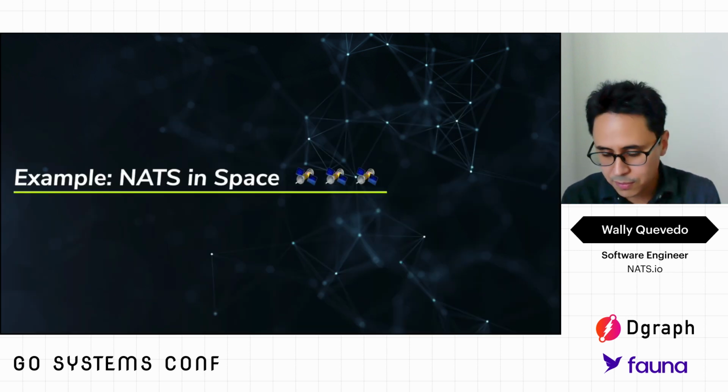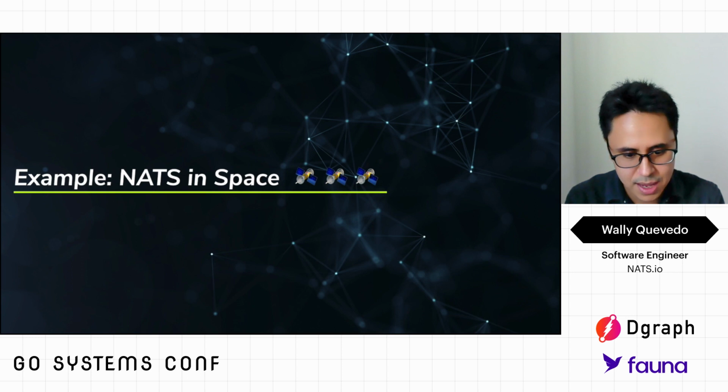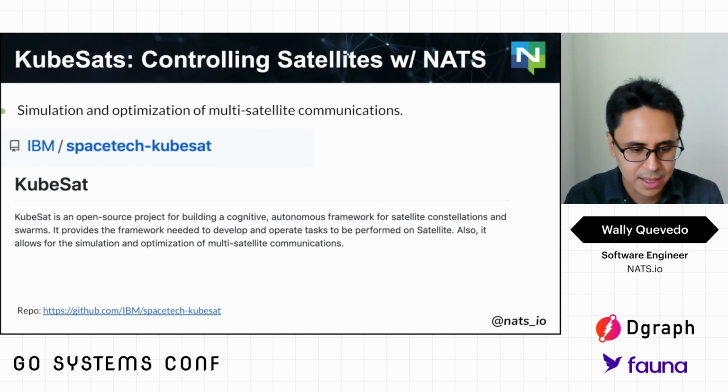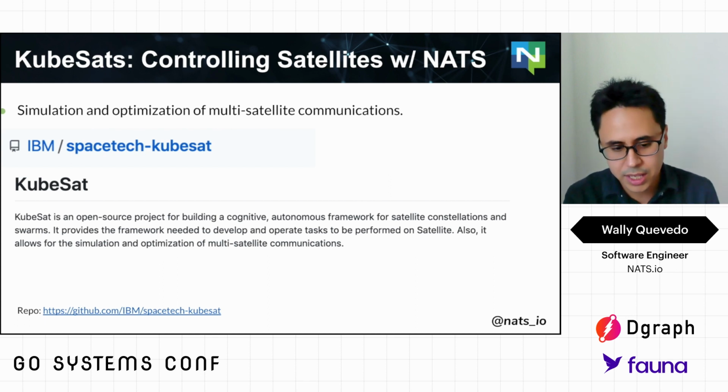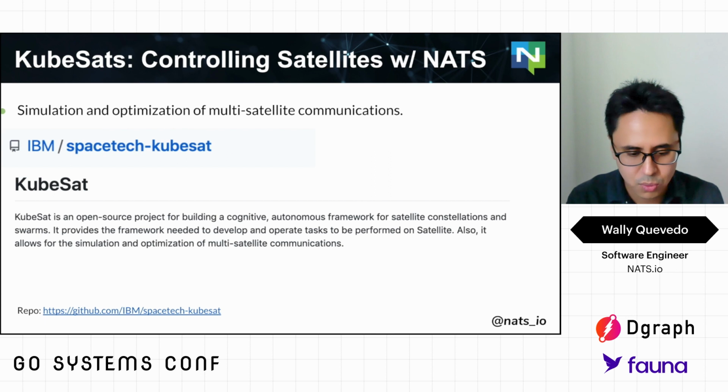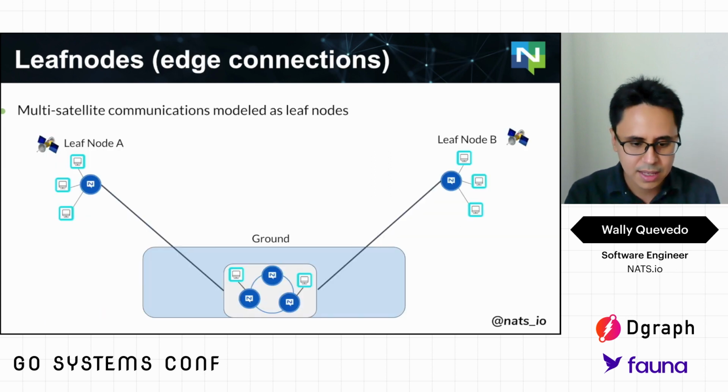One example of this in practice is one very cool project that we saw recently from IBM, the SpaceTech CubeSat project, where they were making simulations using the NATS adaptive architecture, the leaf nodes and the gateways to create dynamic clustering of satellites.